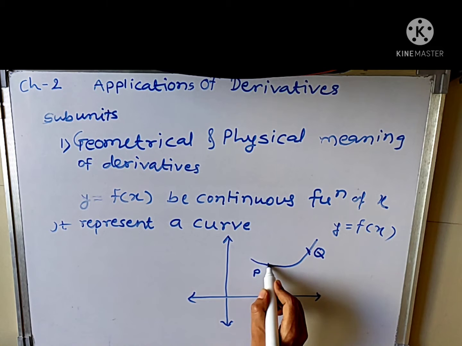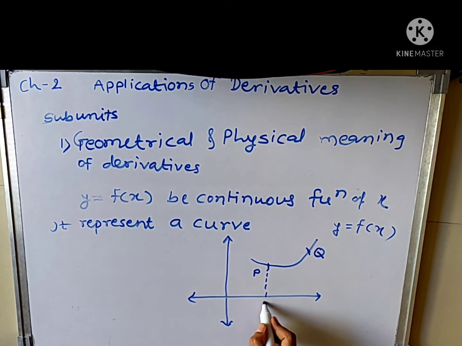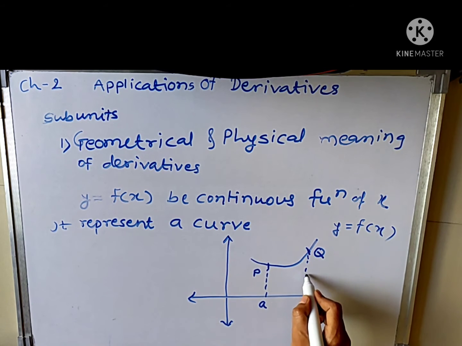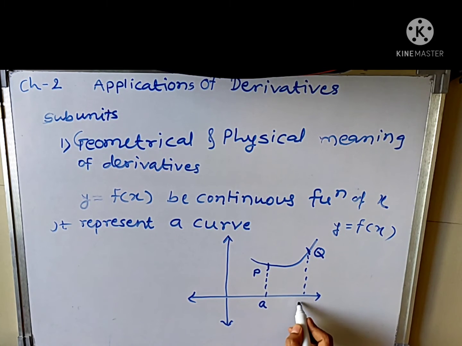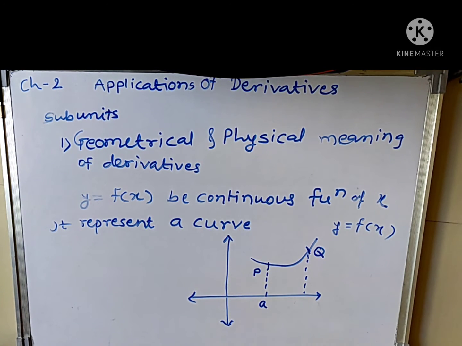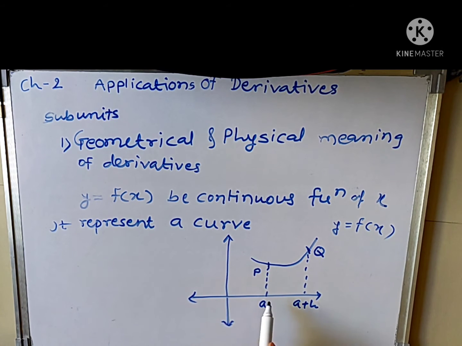Sorry students, the x coordinate of point P is a and the x coordinate of Q is a plus h.